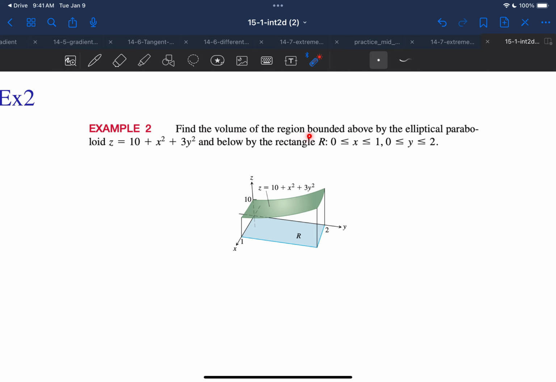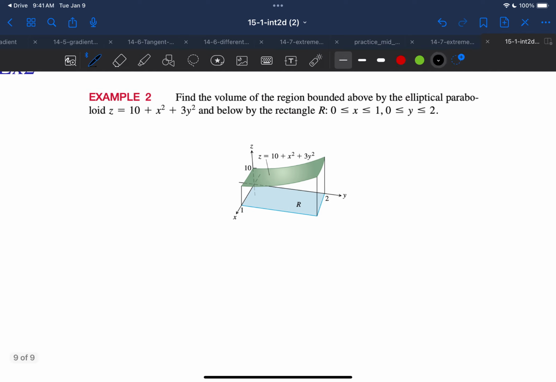Find the volume of the region bounded above by the elliptic paraboloid, which is given by this. So this is the top of your tent, and find the volume under this, which means you need to take a double integral, and this bottom region or domain R is given by a rectangular domain.